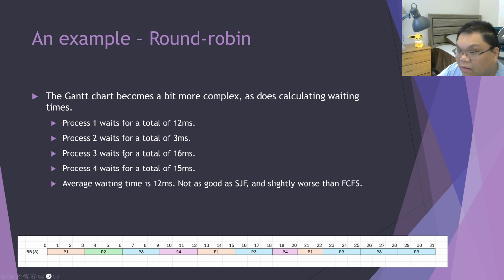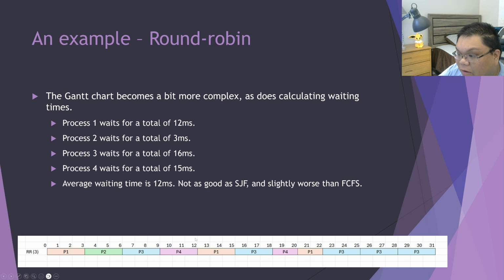Process 2 waited for 3 milliseconds. Process 3 waited for 16 milliseconds because it had to wait for process 1 and 2 to run the first time, process 4 and 1 to run the second time, and then process 4 and 1 again the third time, and then successive times after that it doesn't have to wait at all because it's the only process left in the queue.